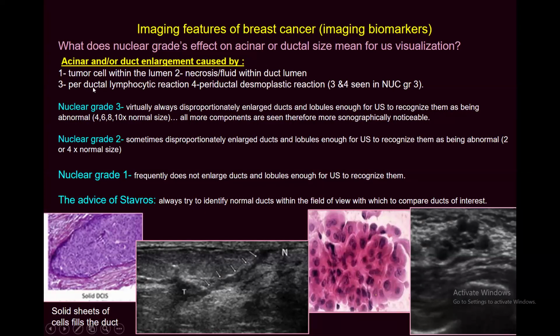But in the high grade, usually there is periductal lymphocytic reaction and periductal desmoplastic reaction. And since we have all 4 components in high nuclear grade or grade 3, the ductal or acinar distension will be much more than in the non-high grades.